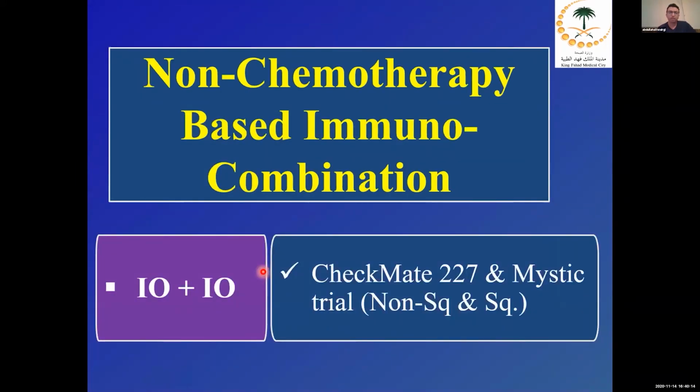We do have also a non-chemo-based regimen that's mostly dual immunotherapy, which is the combination of 2 different immunotherapies, either anti-PD-L1 as well as CTLA-4, and we have 2 different trials, CheckMate 227 and the MYSTIC trial. MYSTIC is quite a negative trial, but CheckMate is the one that's really showing positive data.